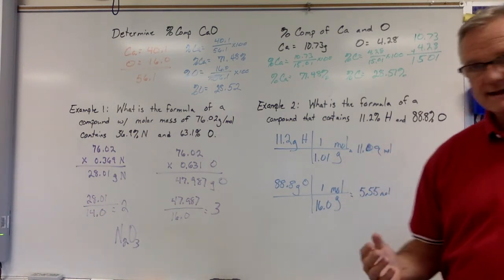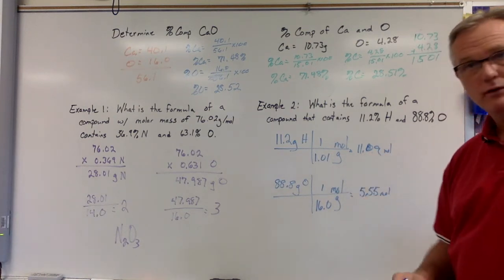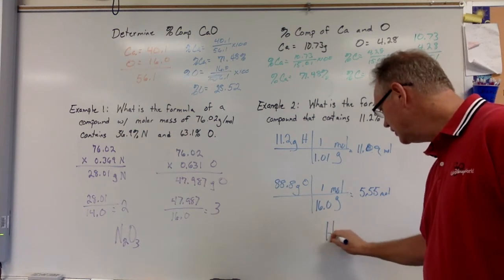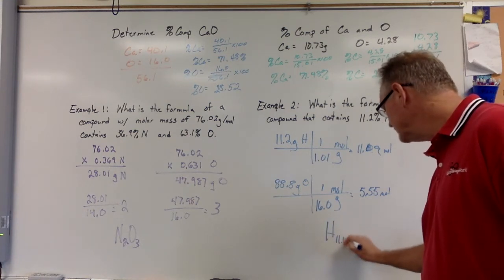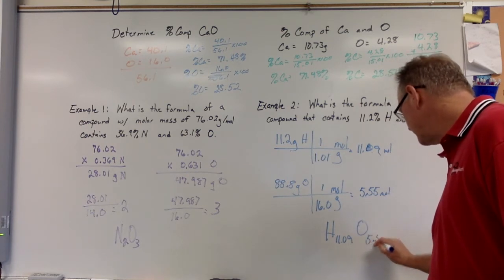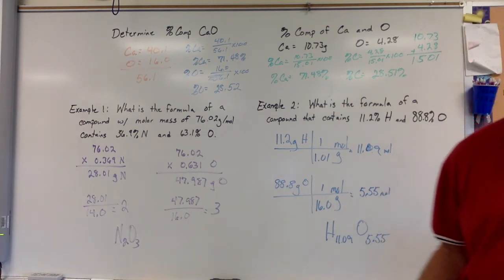So guys, what I've just done is I've just figured out my number of moles. But I don't write this down as 11.09 and 5.55, or else this is what it would look like: H 11.09 O 5.55. Yeah, you can't do that. You got to have whole numbers.